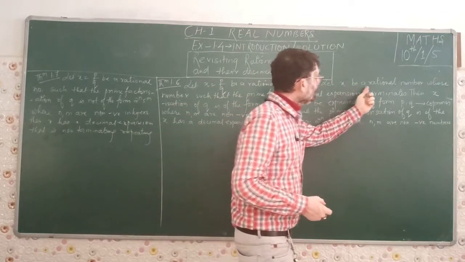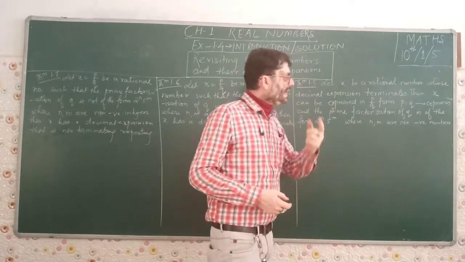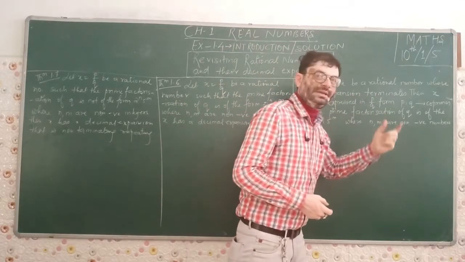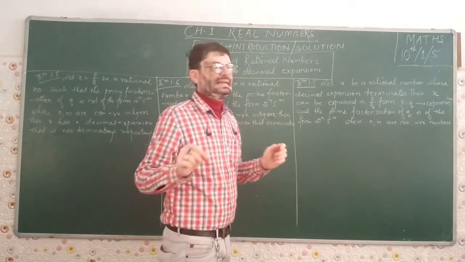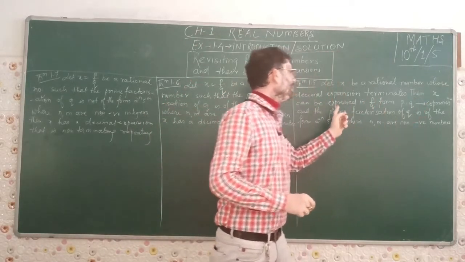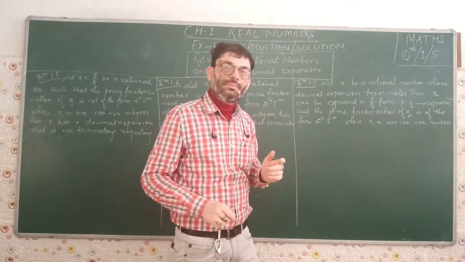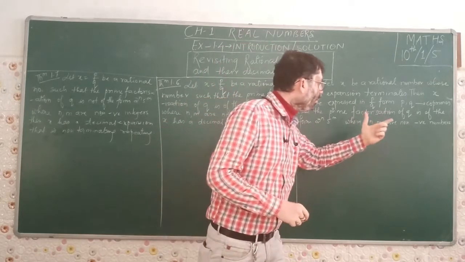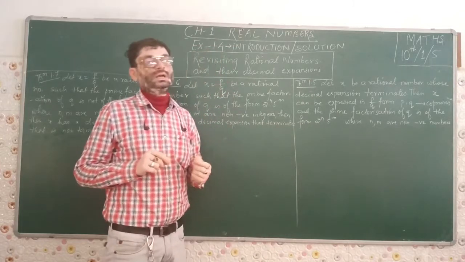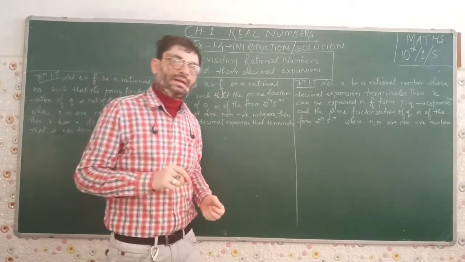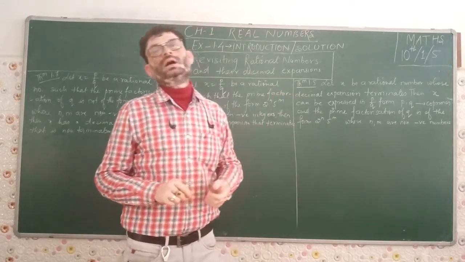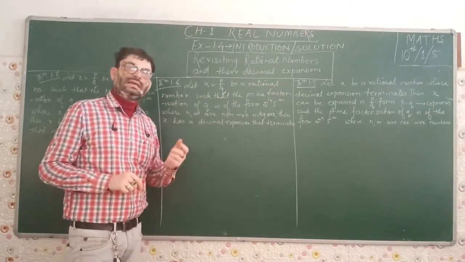Let x be a rational number. That means x is a rational number whose decimal expansion terminates, means it's a terminating decimal expansion. Then x can be expressed in p upon q form, where p and q are co-prime numbers and the prime factorization of q is of the form 2 to the power n, 5 to the power m, where n and m are non-negative integers.